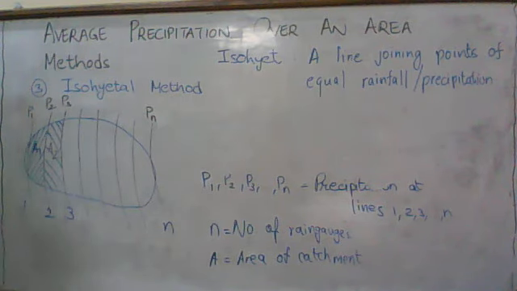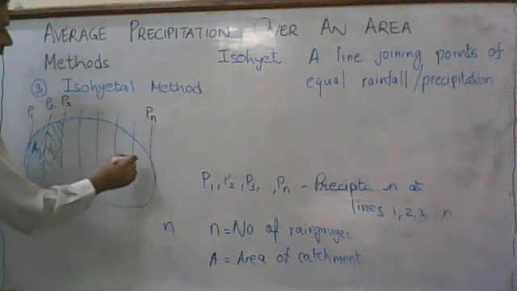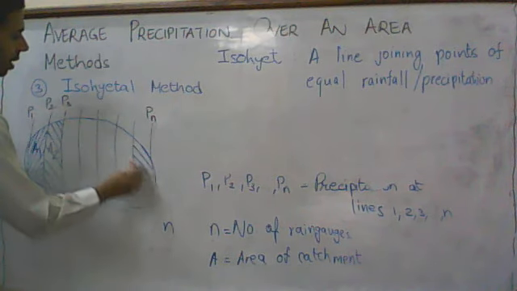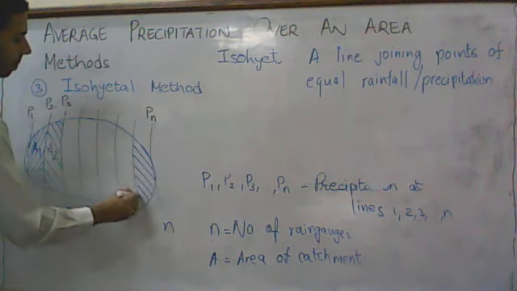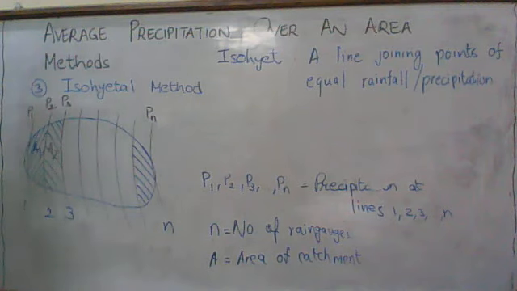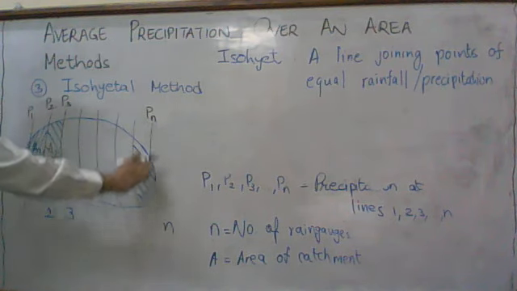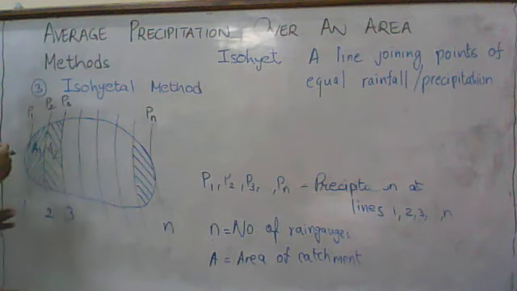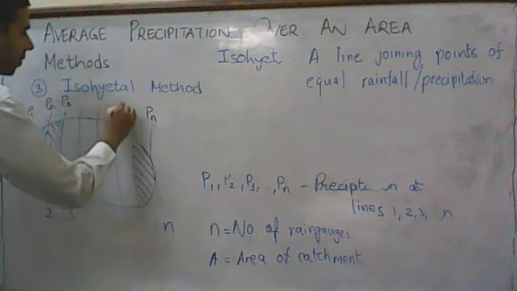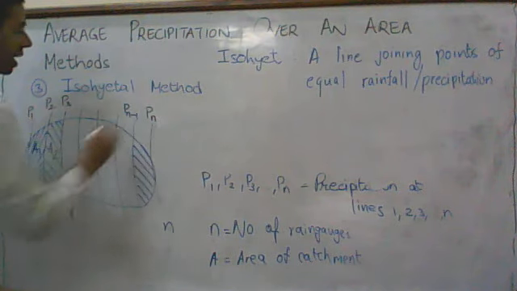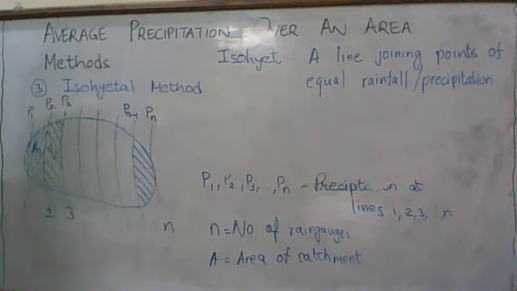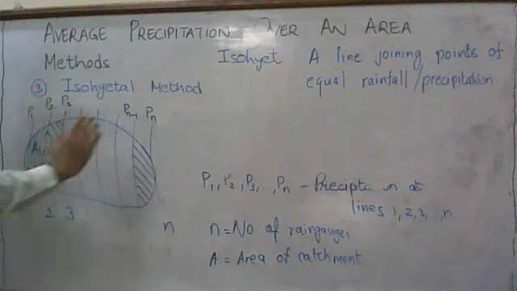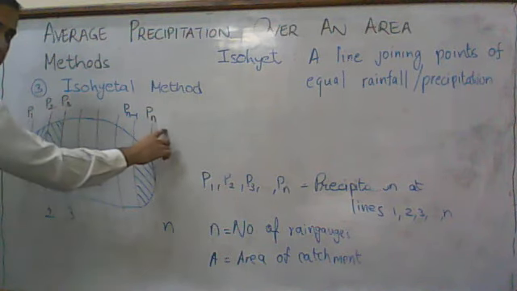Okay. Similarly, when we move to the last line, the last precipitation is Pn. So what will be the precipitation before that? The precipitation before Pn will be Pn minus 1, isn't it? Suppose there are 6 lines. So Pn will be P6.